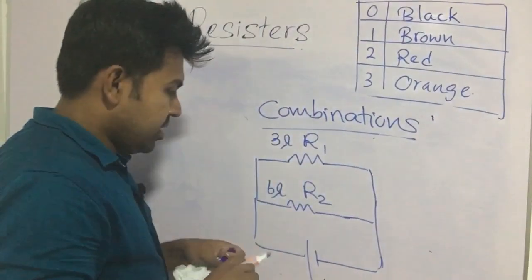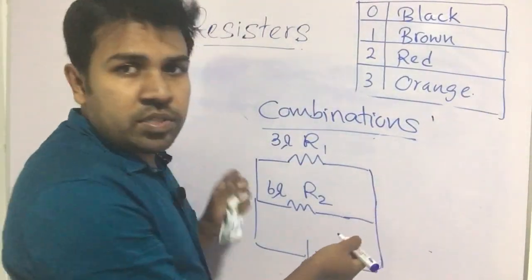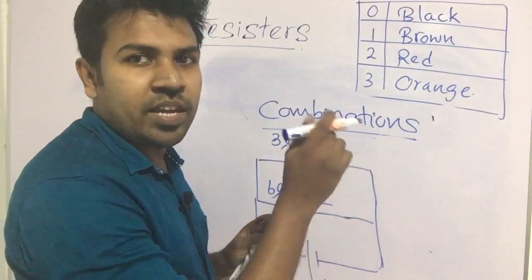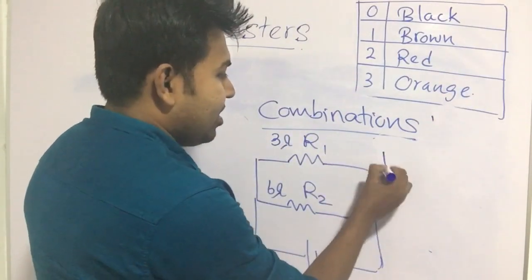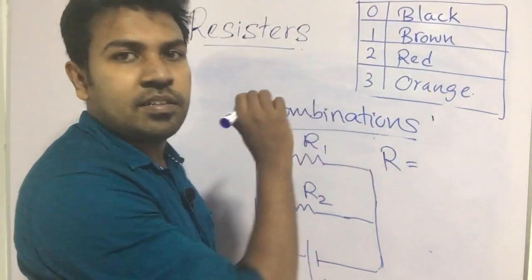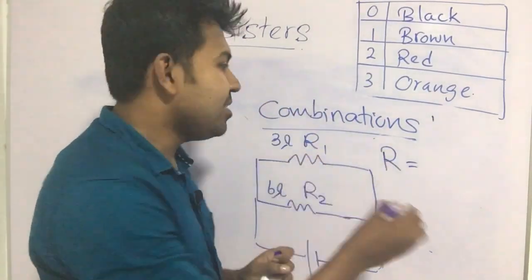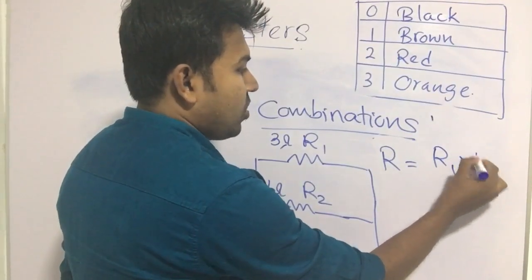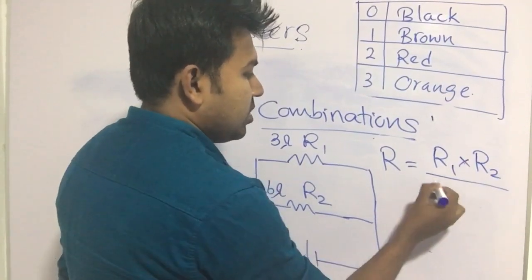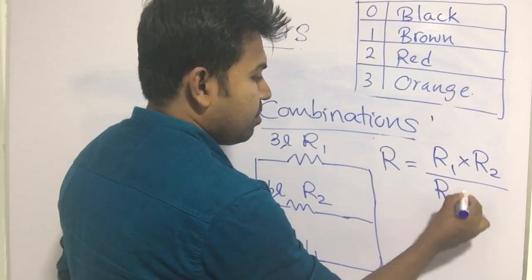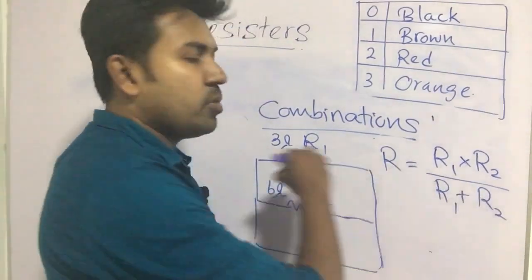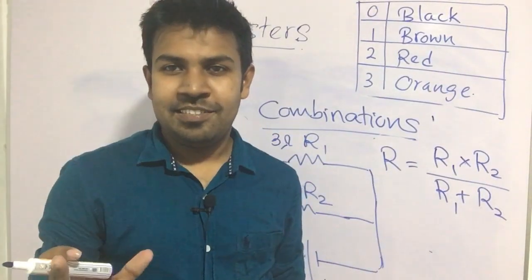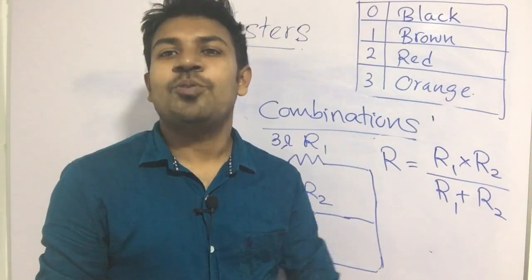To find the equivalent resistance, you can use this equation directly. Equivalent resistance equals R1 into R2 divided by R1 plus R2. From your mind you can do this. Simply, quickly you can get the answer.